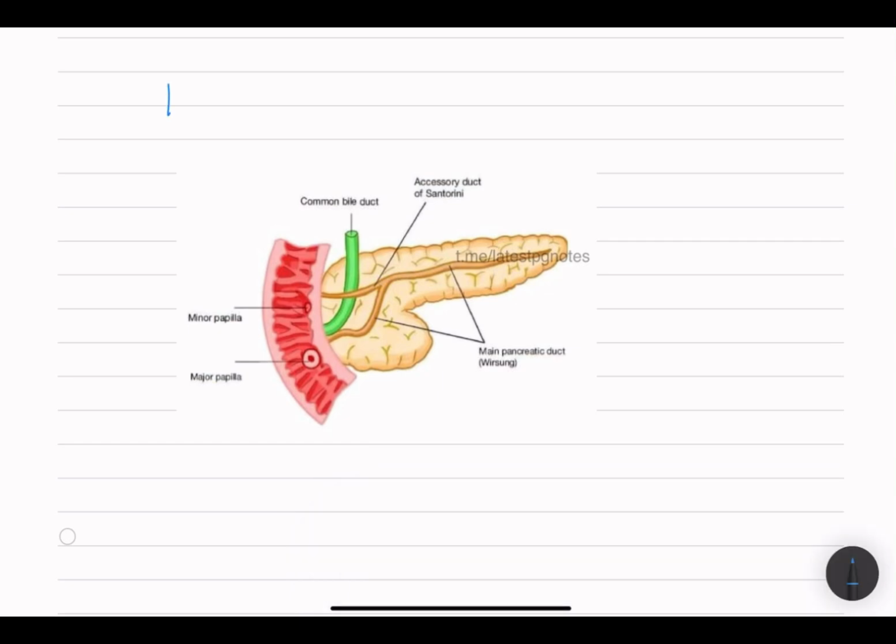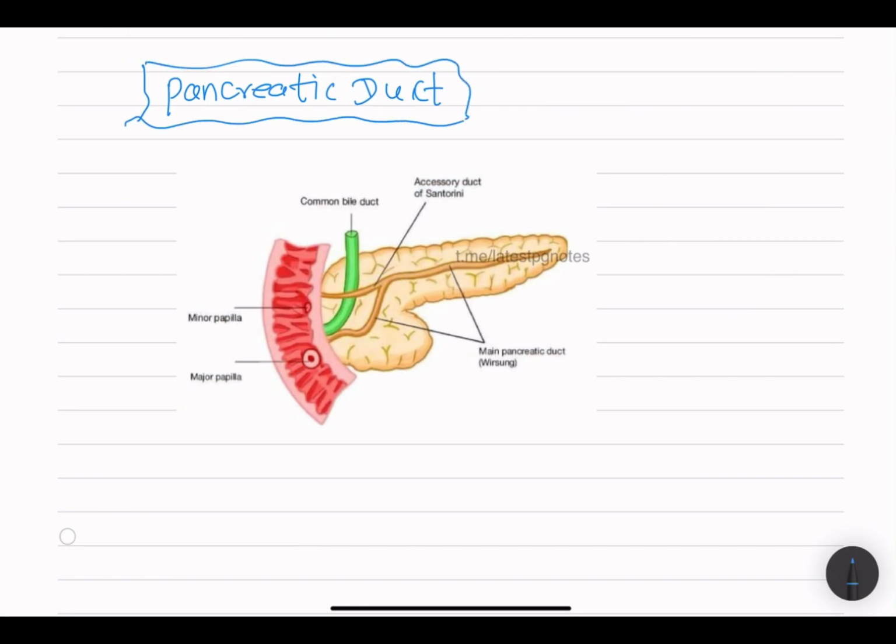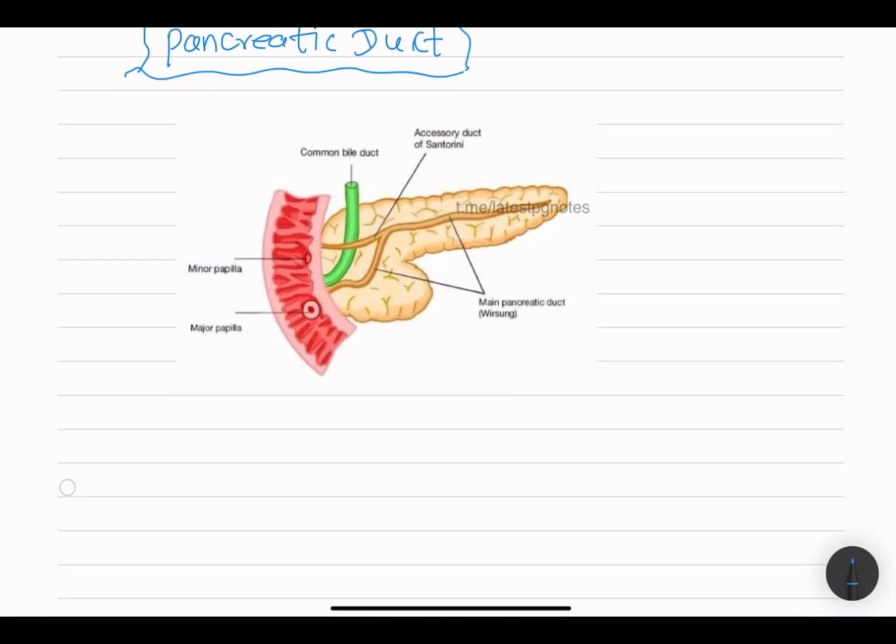It's very important to understand. Many questions are coming from the pancreatic duct. At the beginning we get confused. So we have to be clear what is the major and the minor pancreatic duct. So we can see, from the head of the pancreas, it's going until the tail of the pancreas, it's the accessory duct. Accessory duct, it's also known as the Santorini duct.